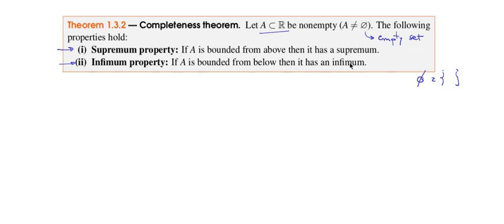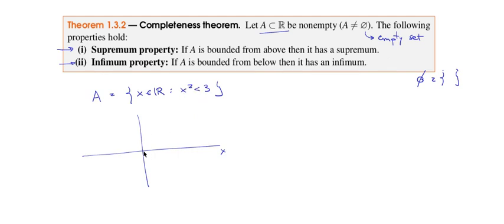Okay? So for instance, if we have the set A, the set of all real numbers such that x squared is smaller than 3. Okay? So if you think about the function x squared, A is the set of all real numbers such that the value squared of x is smaller than 3.